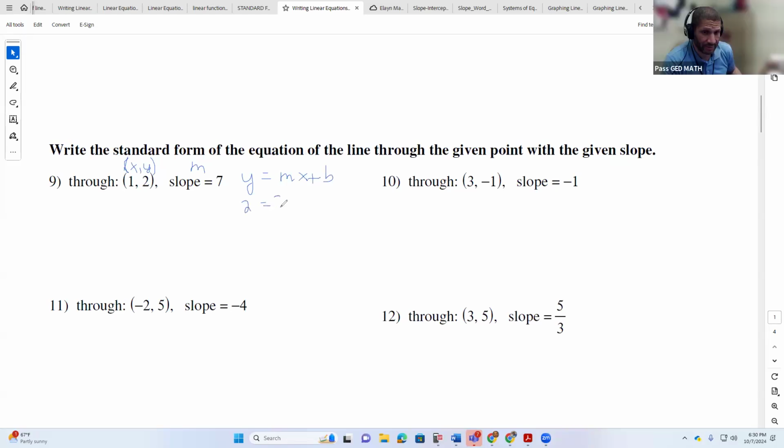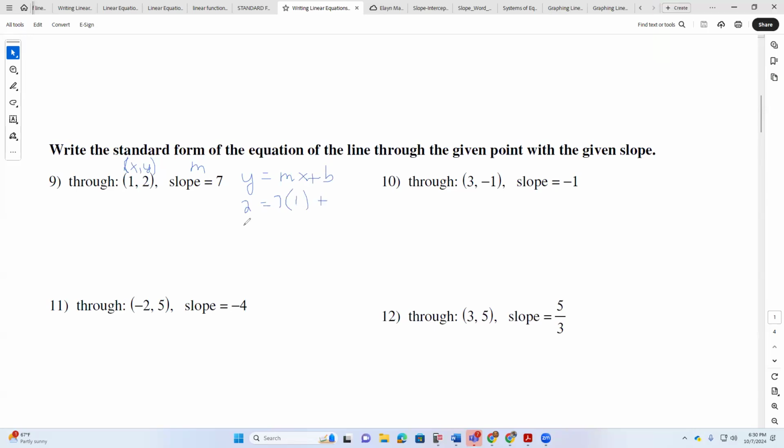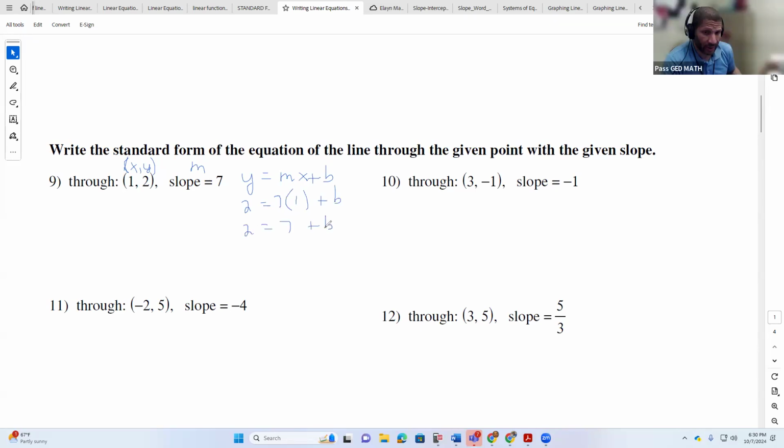My m is 7. Multiply that by my x, which is 1, plus b. So that's 2 equals 7 plus b. In order to get b by itself, the opposite of plus 7 is minus 7. Whatever we do on one side of the equal, we do on the other. 2 minus 7 is -5. Bring down the equal, the 7's cancel, bring down the b.